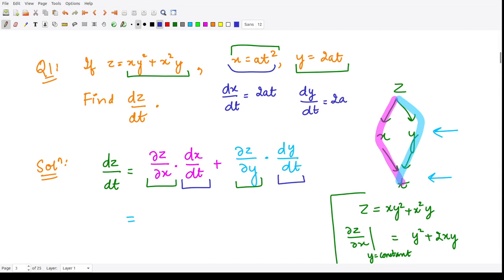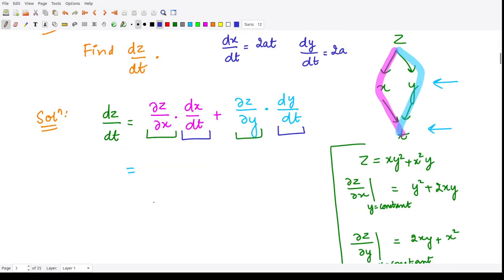So now we have all the values, we can substitute them here one by one. So del z by del x is equal to y square plus 2xy, and the second term is 2at. And we have plus the third term here, 2xy plus x square, and the fourth term is 2a.